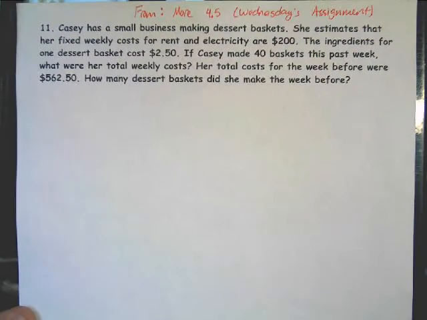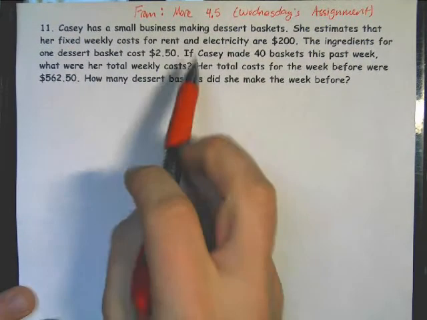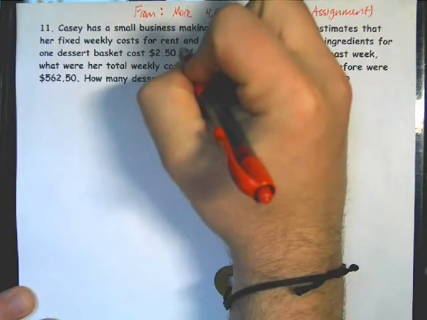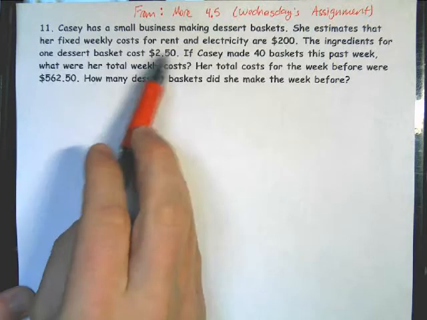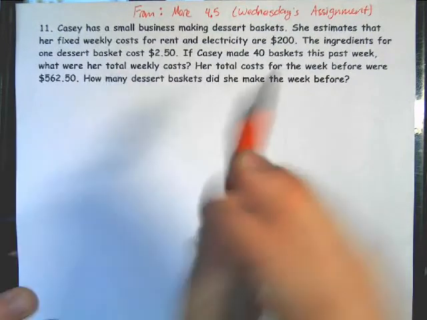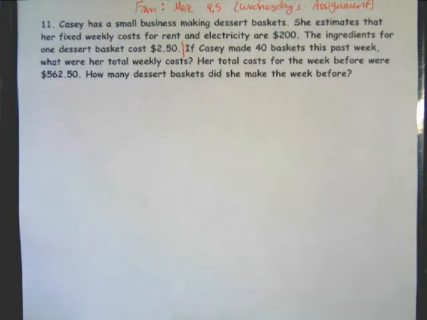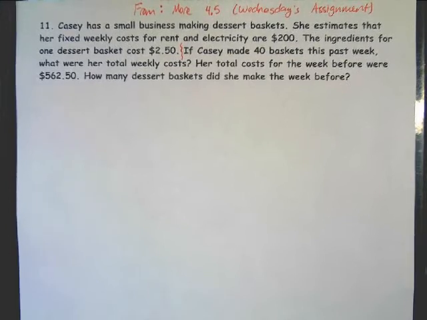Let's see if we can identify everything, and then we'll work on answering other questions. All the information I need to build my equation is from my first two sentences. I need to build my equation before I can start answering the questions. So let's see if we can build this equation.